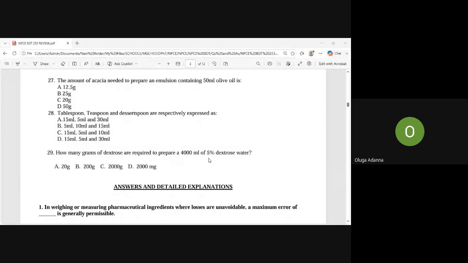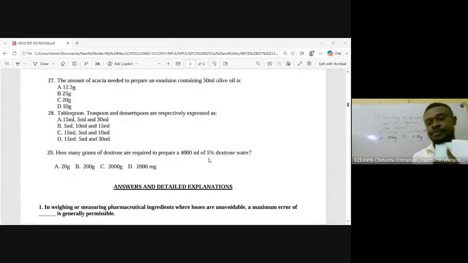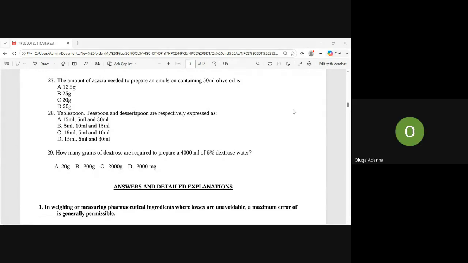So the 40 ml that will be required to produce, you divide it by 20 ml of water to get 2.